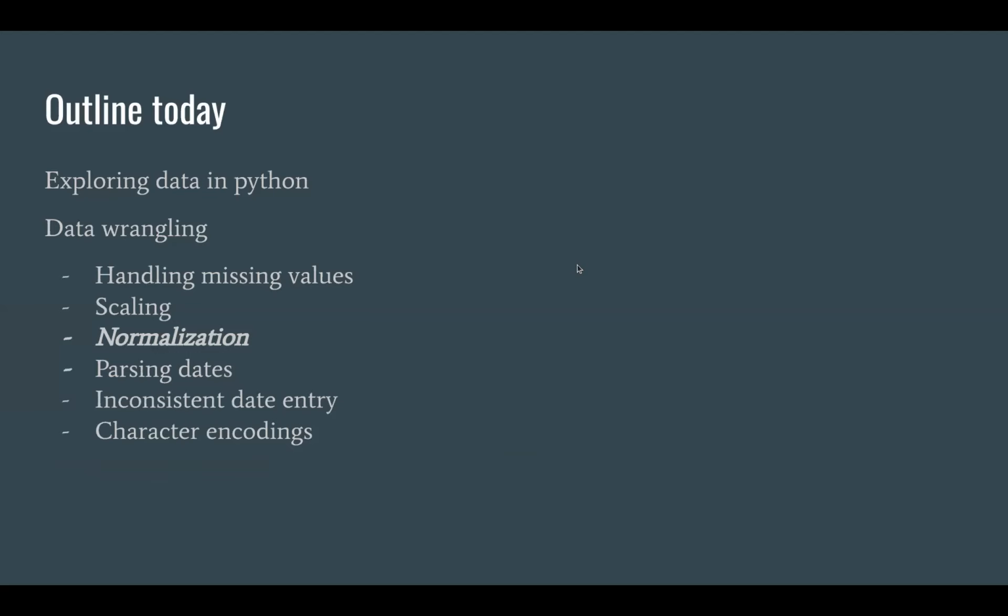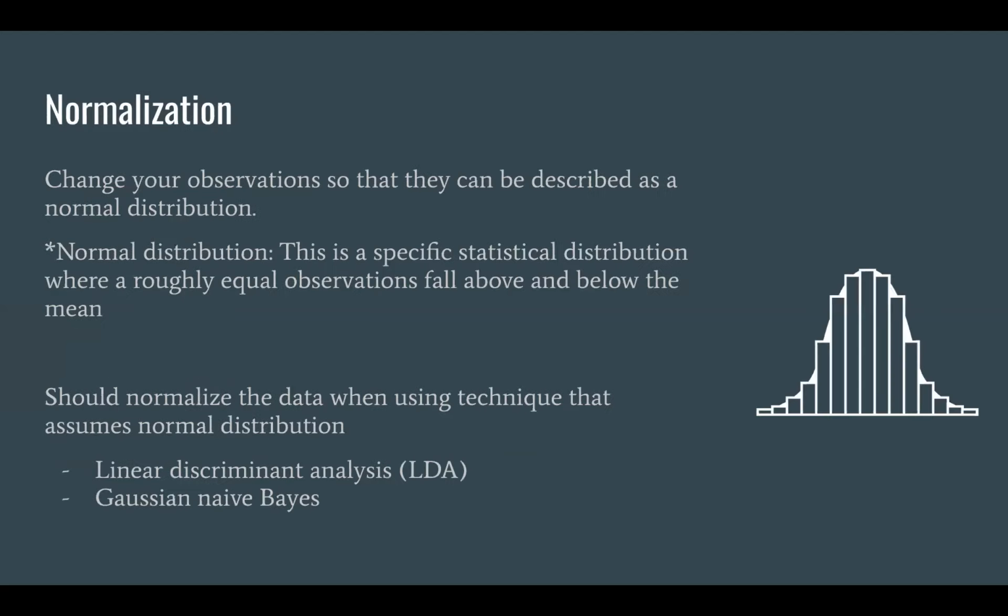Now let's talk about normalization. We talked about scaling, and we learned that scaling just changes the range of your data. Normalization, compared to scaling, is a more radical transformation. The point of normalization is to change your observations so that they can be described as a normal distribution. Let's briefly talk about the normal distribution.